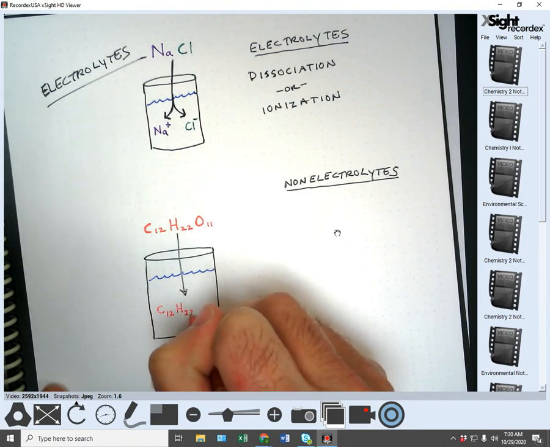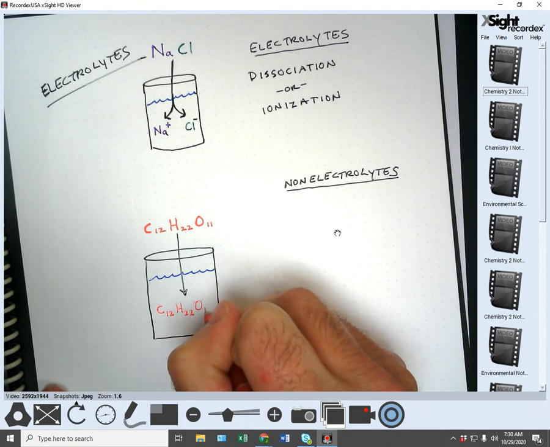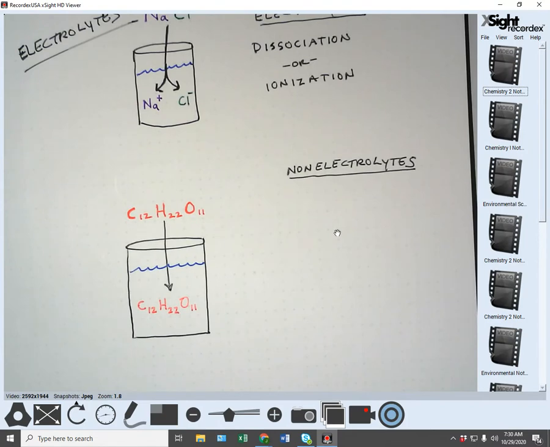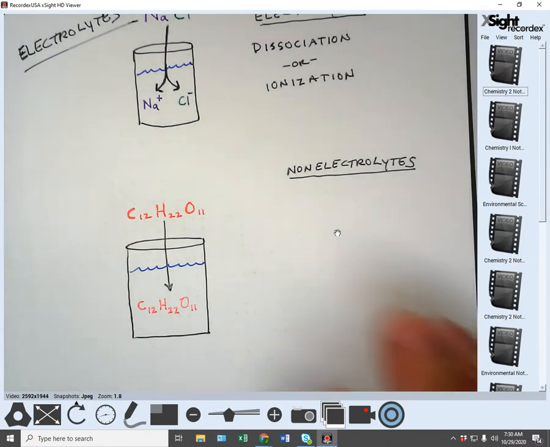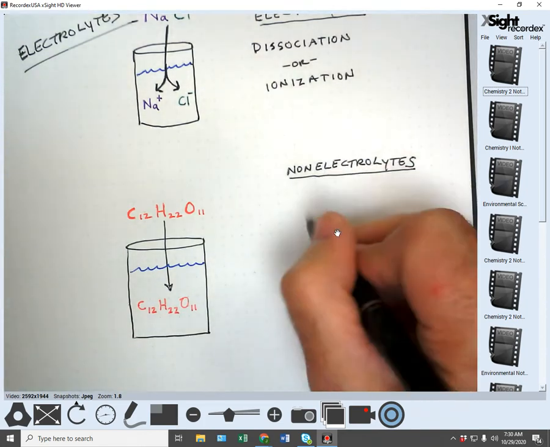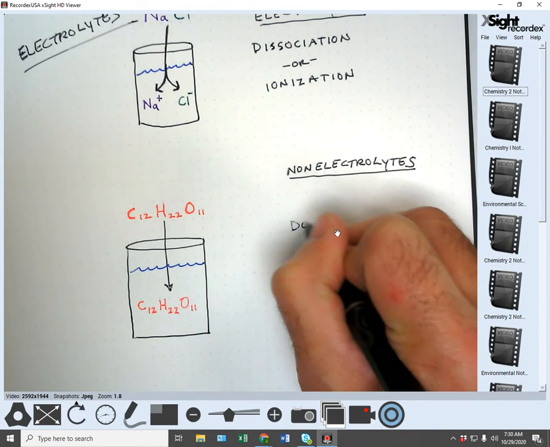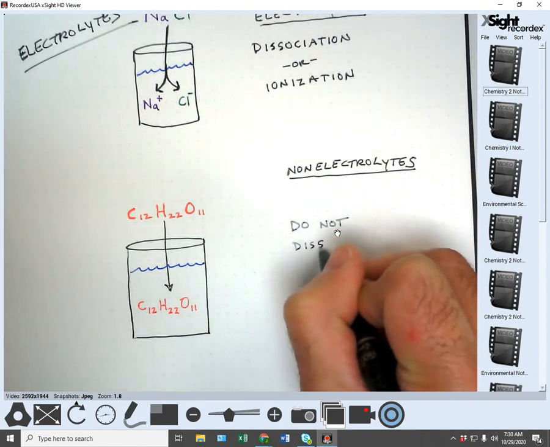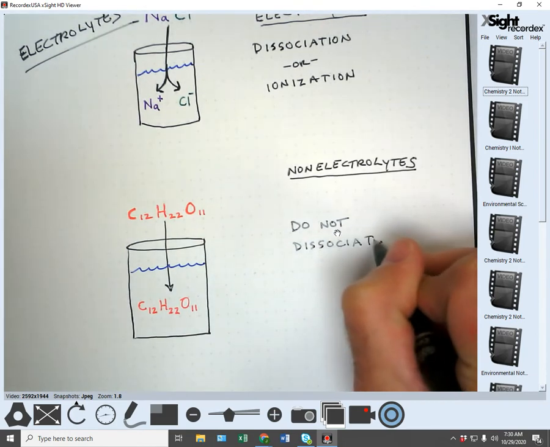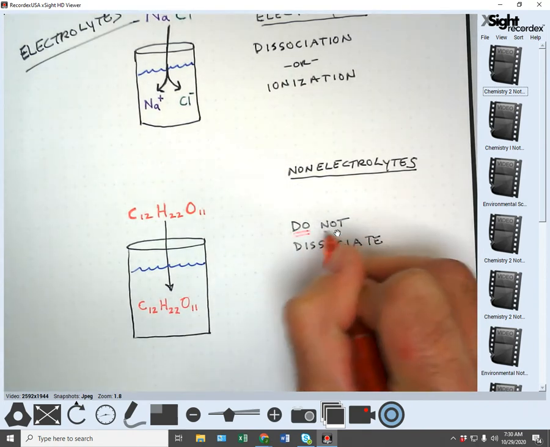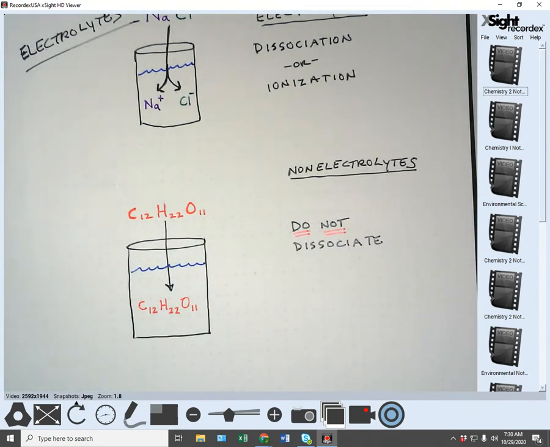Sugar will dissolve in water, what we call dissolve, but it will not dissociate. Non-electrolytes do not dissociate. They stay together.